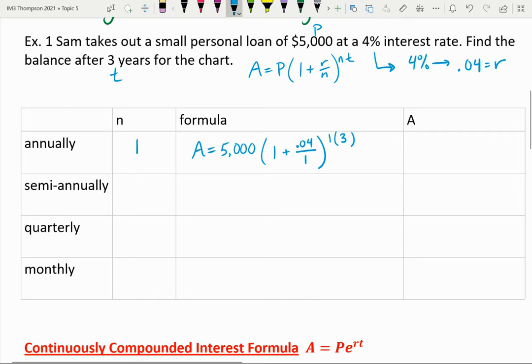My calculator gave me 2 decimal places. Since we're talking money, you're always going to round to 2 decimal places unless they tell you something else. Unless they say round to the nearest dollar or round to the nearest something else.